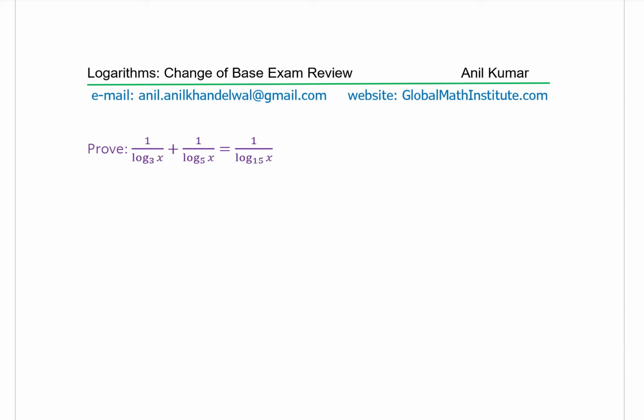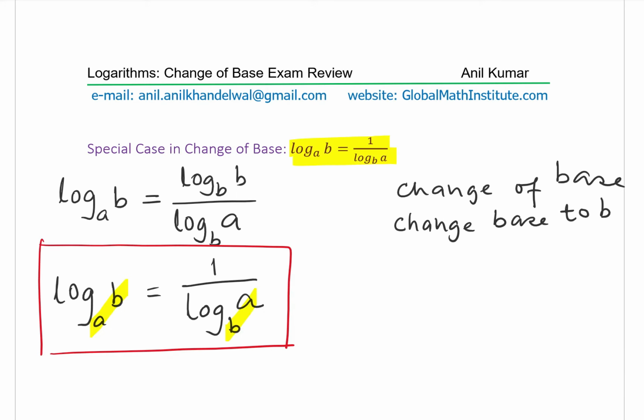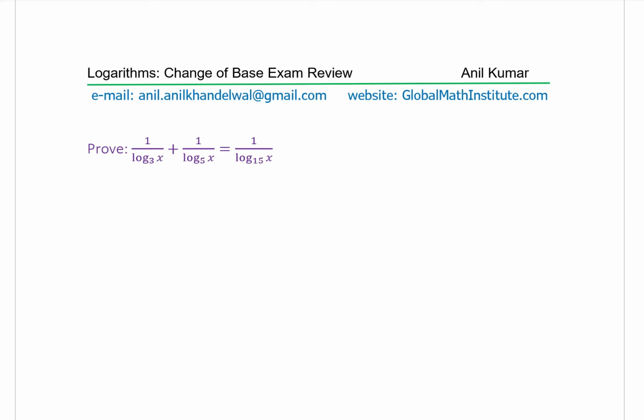So let's look into our special case, and we're going to use this particular formula to solve the question given to us. So remember that log to the base a of x can actually be written as 1 over log to the base x of a, right?